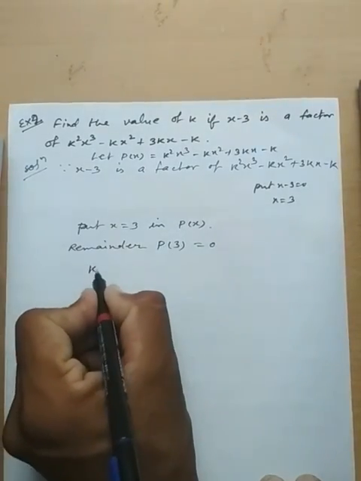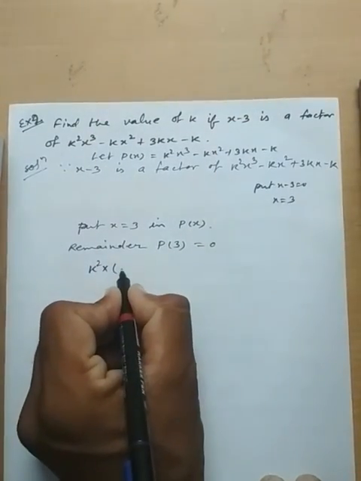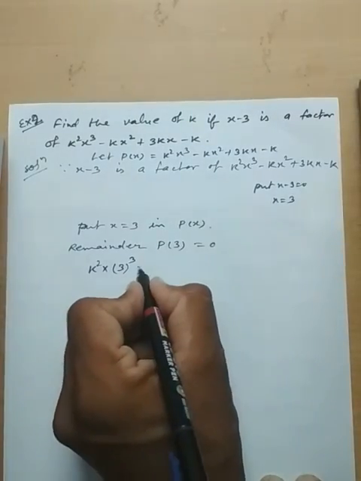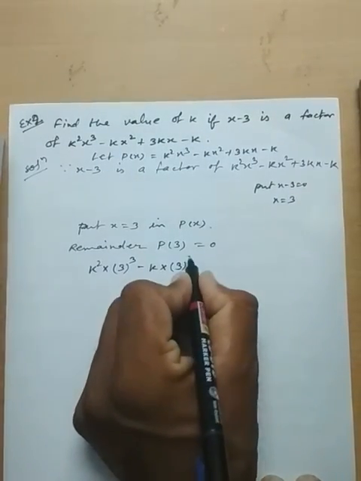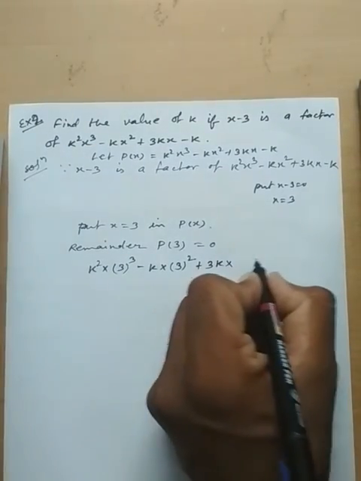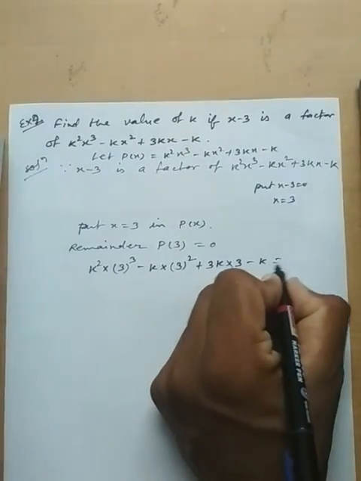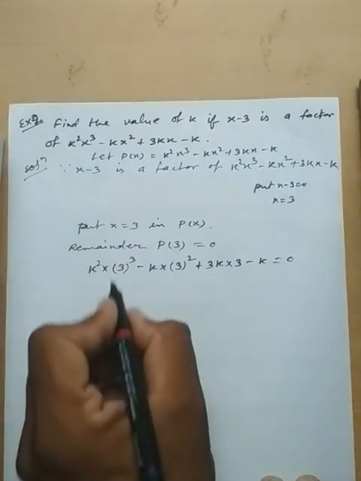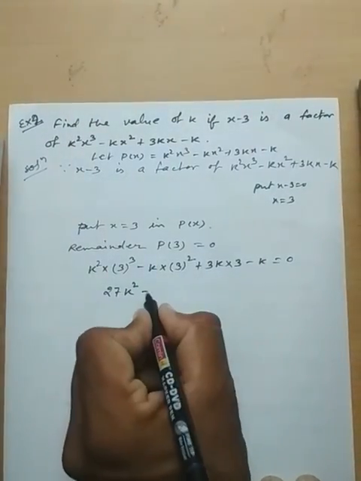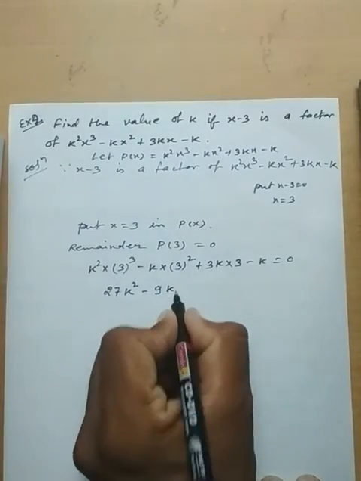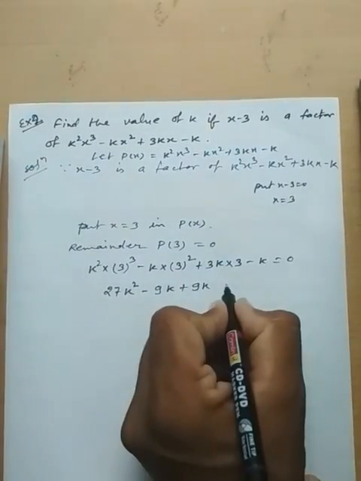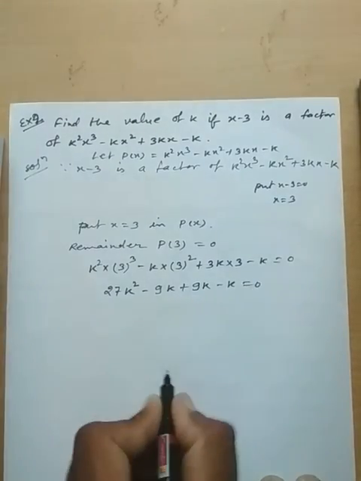So k² in place of x, 3³, minus k into 3² plus 3k into 3 minus k equal to 0. 3³ is 27k², 3² is 9k, here 3 and 3 is 9k, plus 9k minus k equal to 0.